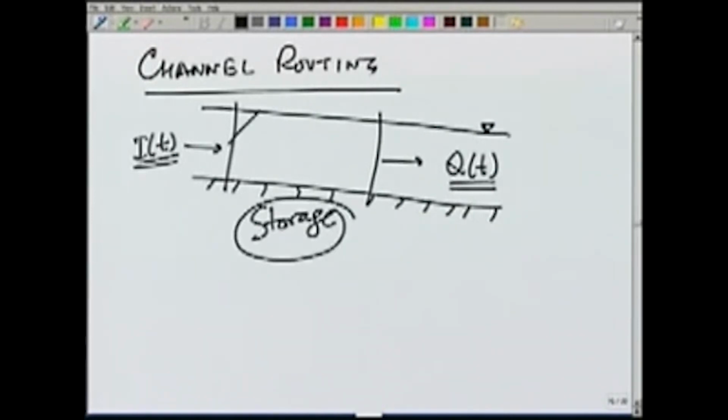So, storage in this area we can represent by, let us say, S.